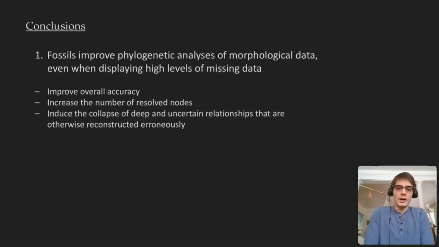And so to conclude, we find that fossils improve the phylogenetic analysis of morphological data, even when they display high levels of missing data. So even highly fragmentary fossils seem to be improving phylogenetic inference. And they do so by improving the overall accuracy of the topologies that we infer, increasing the number of resolved nodes, but also by inducing the collapse of deep and uncertain relationships that are otherwise, in their absence, reconstructed incorrectly.